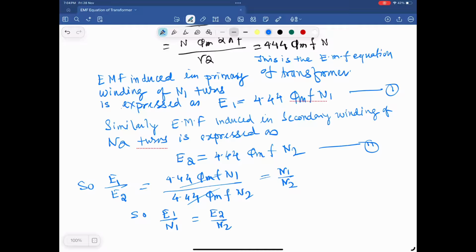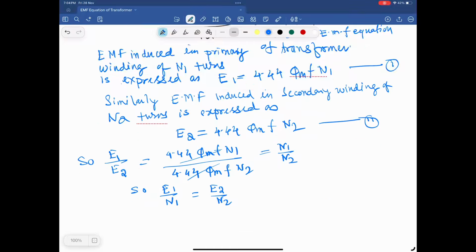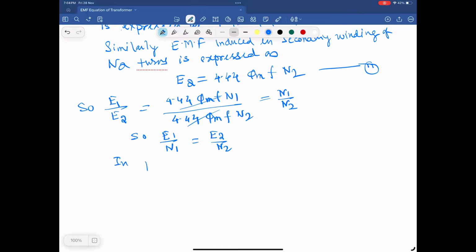You know that the EMF induced in the primary winding and the supply voltage V1 are almost equal. So in a practical transformer, there is a very small difference between E1 and V1, and between E2 and V2.